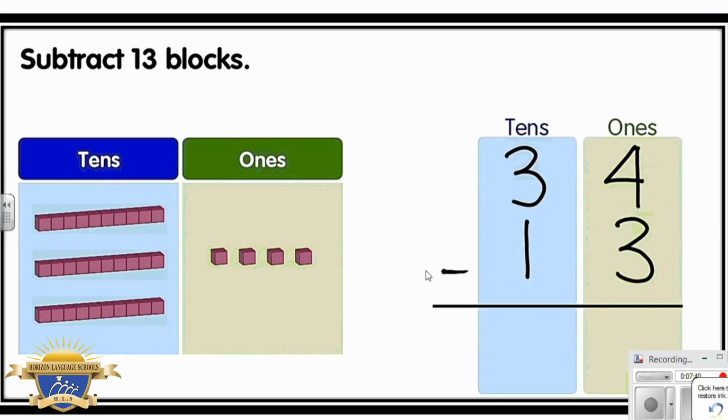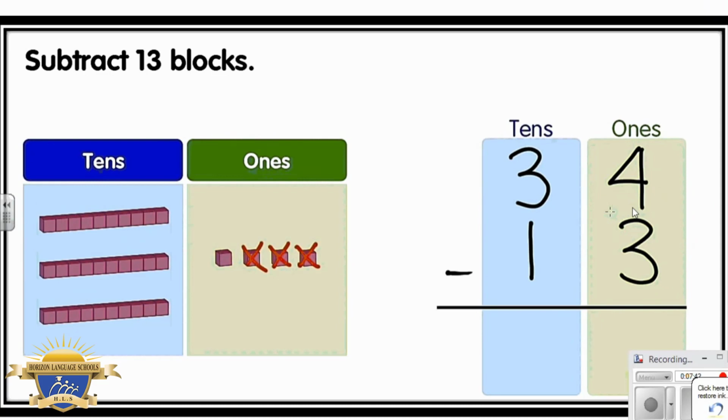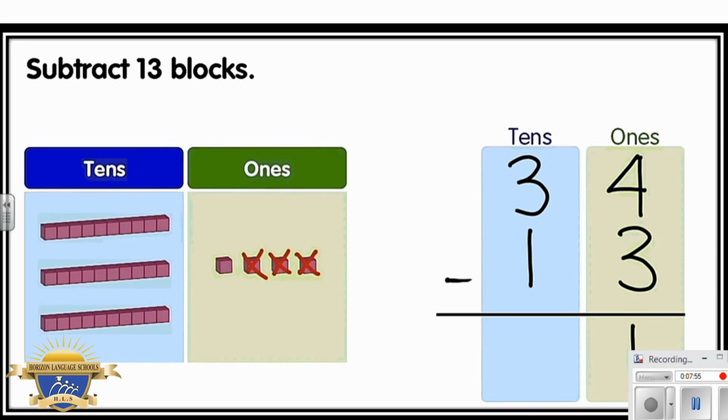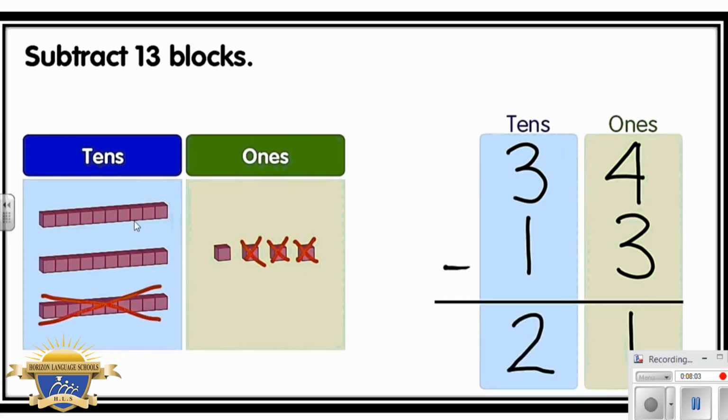4 minus 3, I will subtract or move 3 cubes. So I have ones, just 1 in the ones place. Then I will subtract the tens together. 3 minus 1, I will take away just 1 ten.